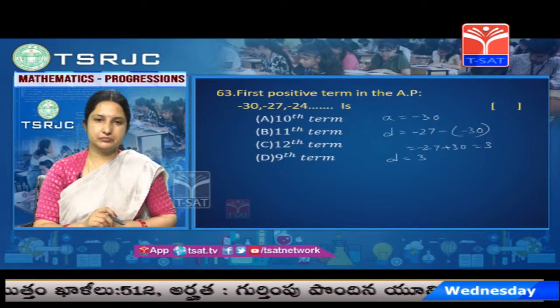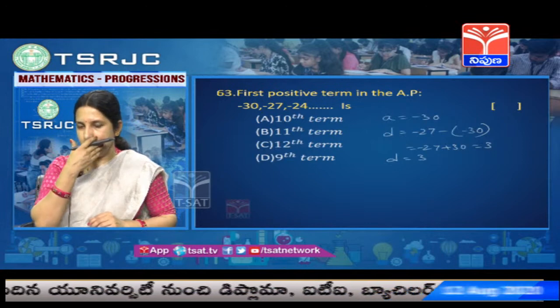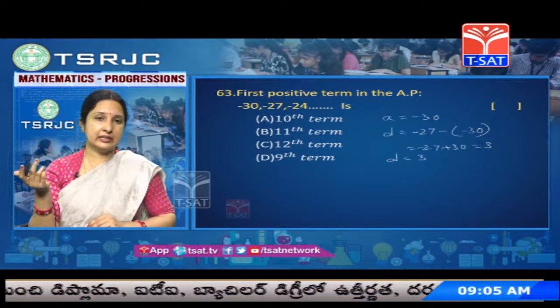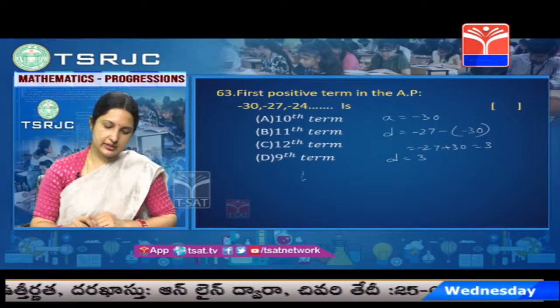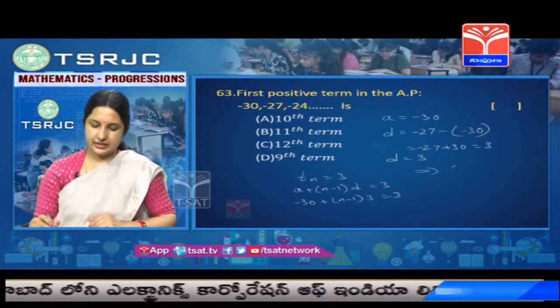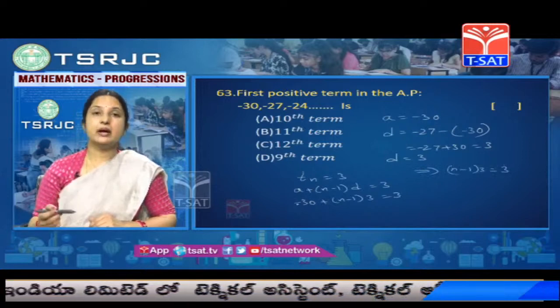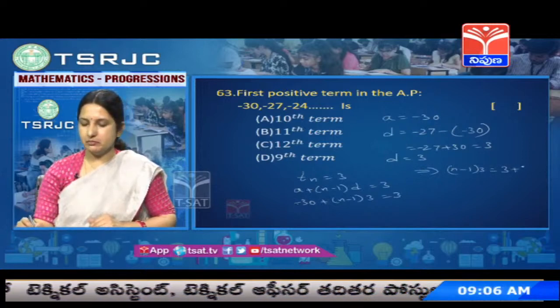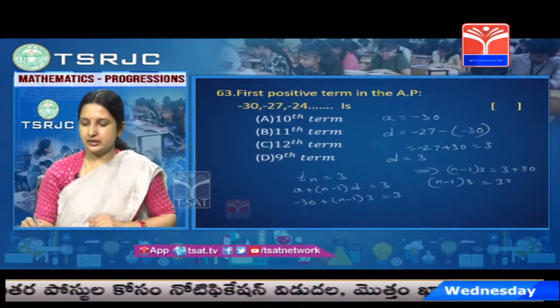Then what should the first positive term be? The terms are -30, -27, -24, and so on, next we get 0, then next we get 3. The first positive term equals 3. Then -30 plus n minus 1 into 3 equals 3. Minus 30 may go to the right side, it will become plus 30. So n minus 1 into 3 equals 33.